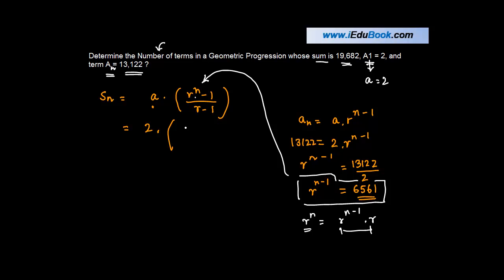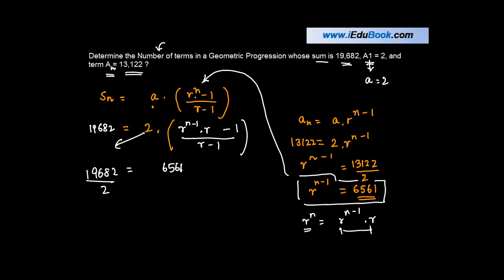So somehow I can just write this as r to the power n minus 1 into r minus 1 divided by r minus 1. And for sure, I know that this value is equal to 19682. Right? If I take this 2 down here, I get 19682 divided by 2 is equal to r to the power n minus 1, which is 6561 times r minus 1 divided by r minus 1, is equal to this number. Right? So 19682 divided by 2.